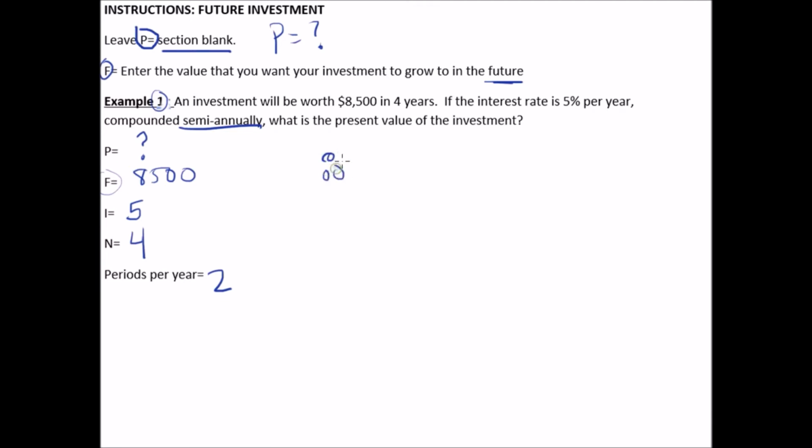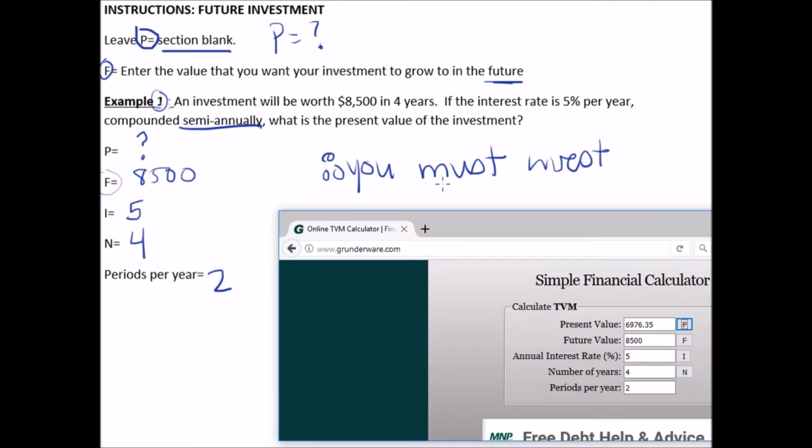Therefore, you must invest $6976.35. Or we can say the present value equals $6976.35.